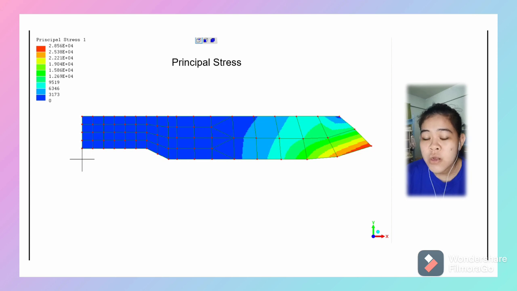For this brittle material, the stress that I select is the principal stress because it is a brittle material. The maximum principal stress is at the bottom right corner of the structure, which is 2.46 times 10 to the power of 4 Pascal.